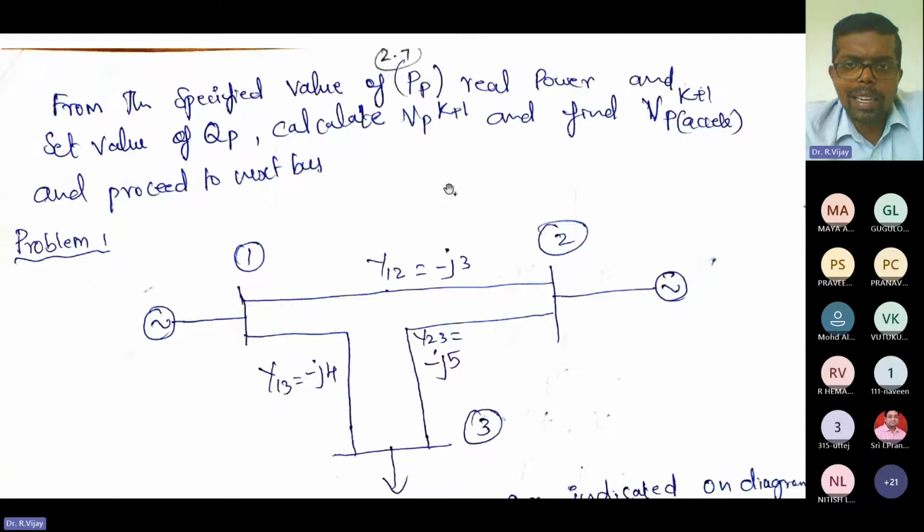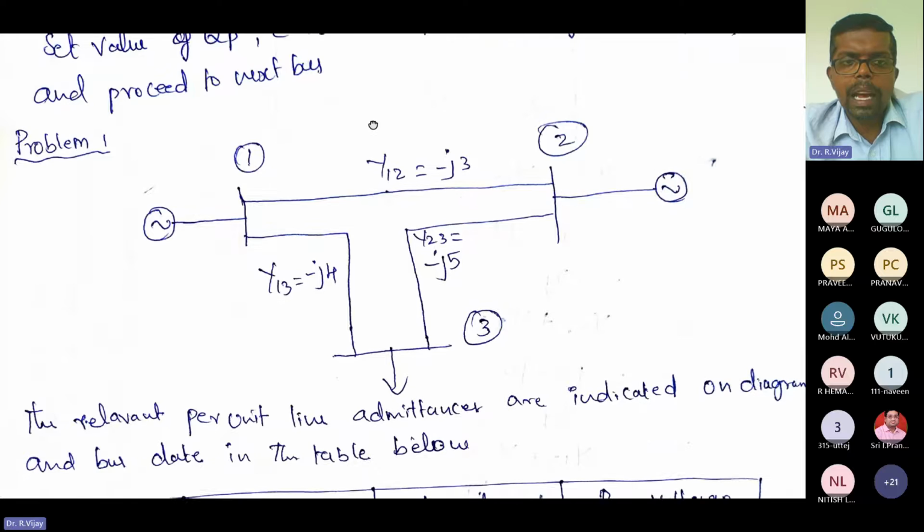You can understand this is a very simple problem, a 3-bus system. You can also choose a 2-bus system like that. The program is also simple, and you can get the answer in very few steps. For the specified value of PP real power and the set QP, calculate VP K plus 1, that is the voltage value, and find the new voltage, that is the VP accelerated value, and proceed to the next bus.